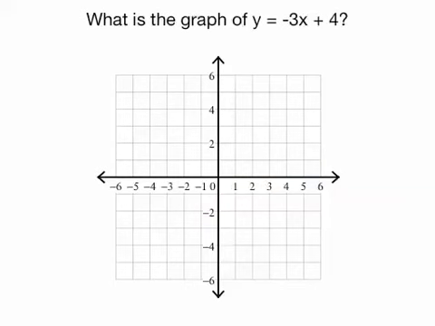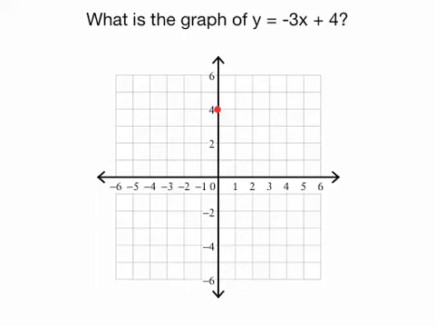The next example says, what is the graph of y equals negative 3x plus 4? In this case, my slope is negative 3. My y-intercept is a positive 4. Remember, always start on the y-axis at your y-intercept, which is 4, because that's the number in place of b, the y-intercept. Now I'm given the slope negative 3.